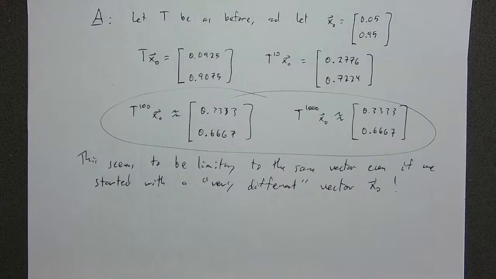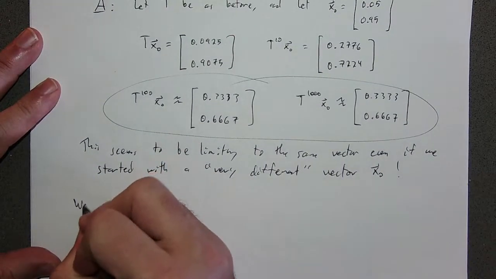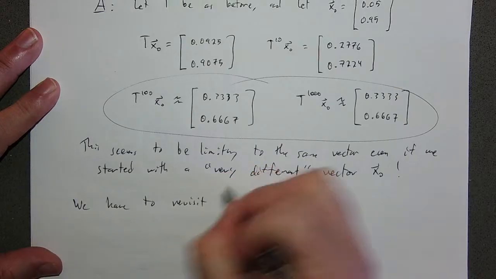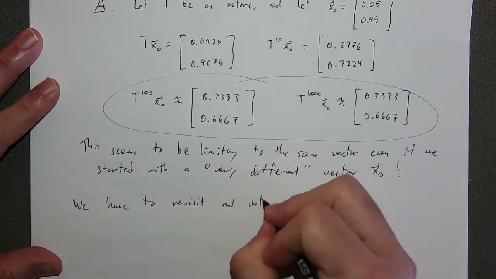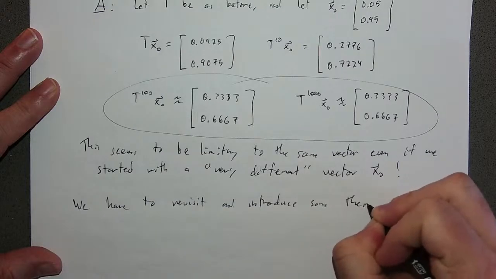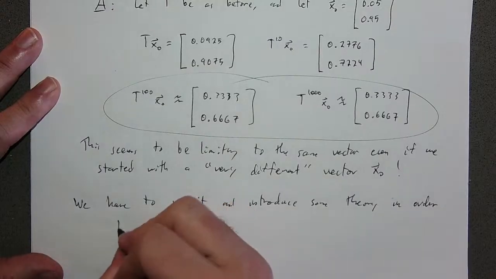Now you might say, well, not every matrix has eigenvalue 1, and that's very true. So we have a lot of stuff that we have to do in order to phrase all of this analysis that we want to do. So we have to revisit and also introduce some new stuff, some theory in order to be able to talk about any of this stuff.